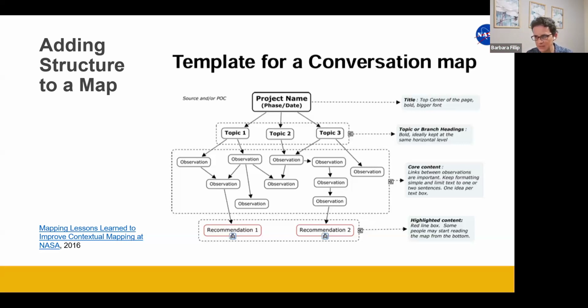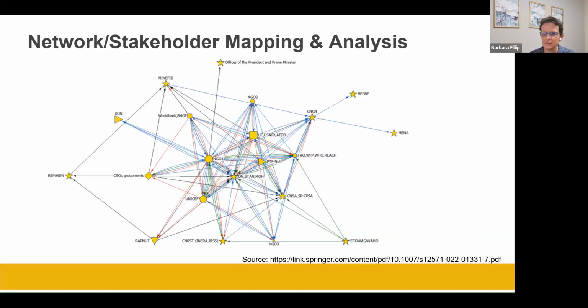And then at the bottom, you had the recommendations or the lessons or key takeaways that were easy to see because they were highlighted in a different color. And those were connected based on the topic that they were touching on. So that's all for the NASA example.